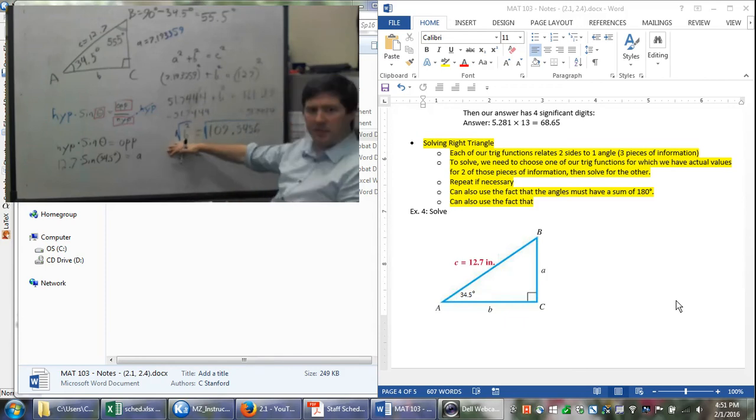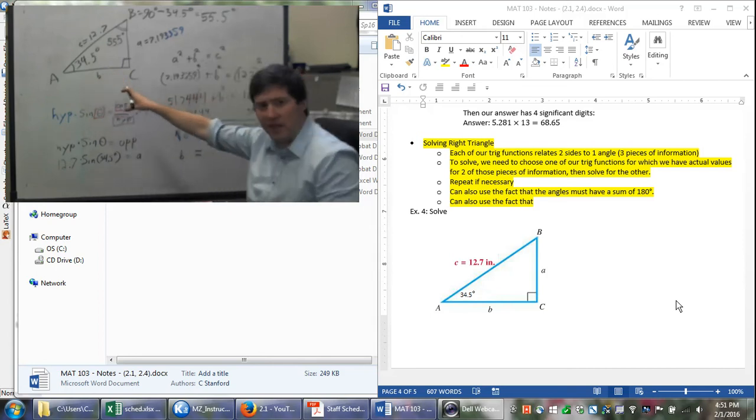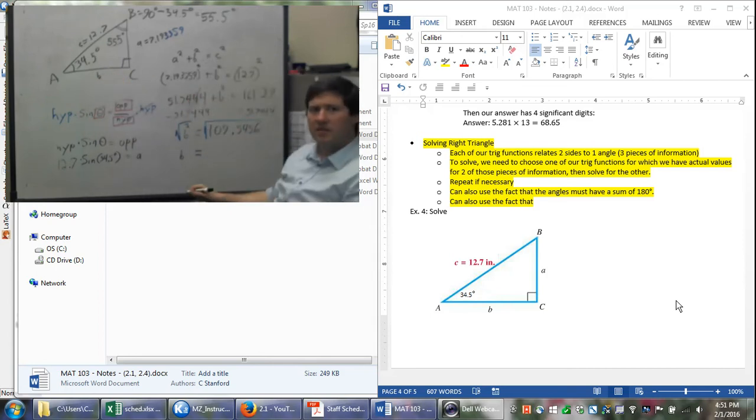The Pythagorean theorem says a squared plus b squared has to equal c squared. I know some of these values. I know a, 7.193359, squared. I don't know b, so I just leave that as b. And I do know c, it's 12.7 squared. Notice I used all those extra digits.